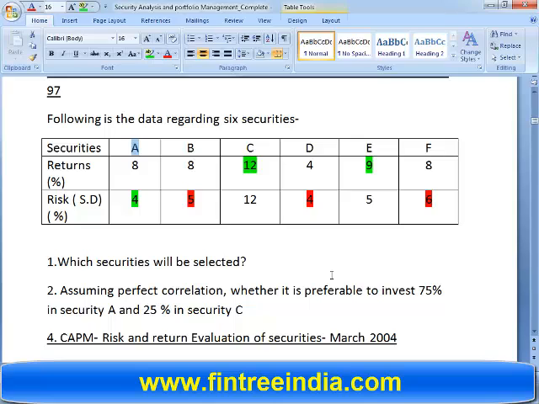But the return of security D is substantially lower than security A. And therefore, security D should be excluded from the investment horizon.